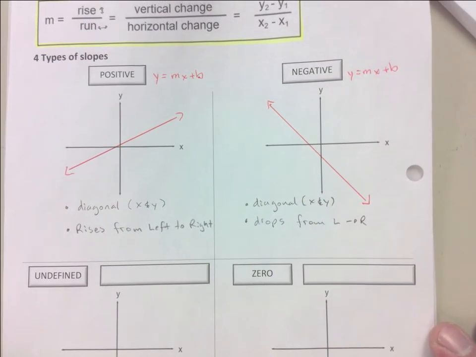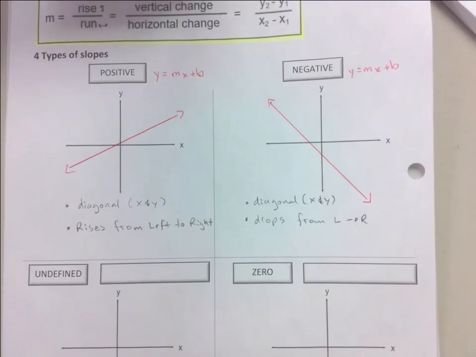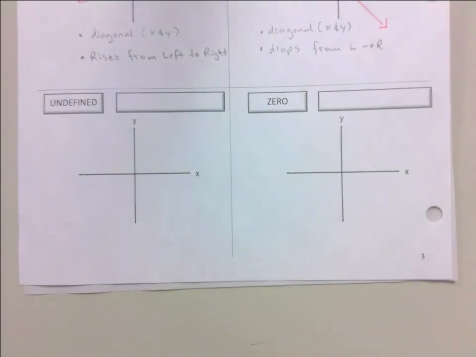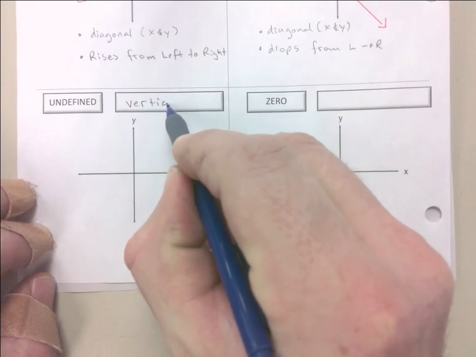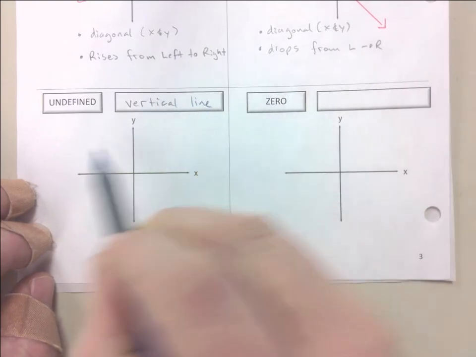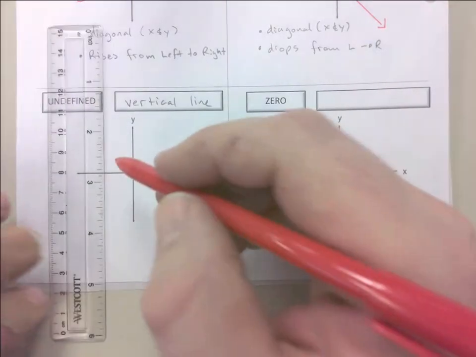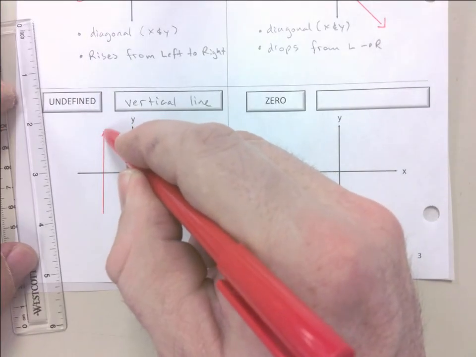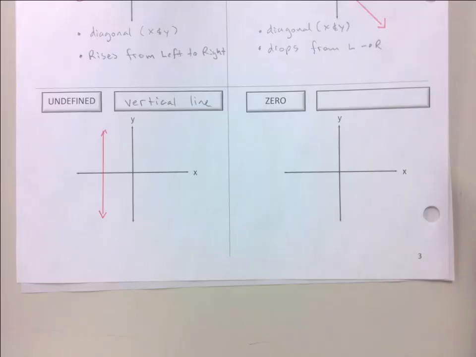And then there's your special cases. These are the 2 special cases. Undefined is simply a vertical line. If your slope is undefined, is there a formula?